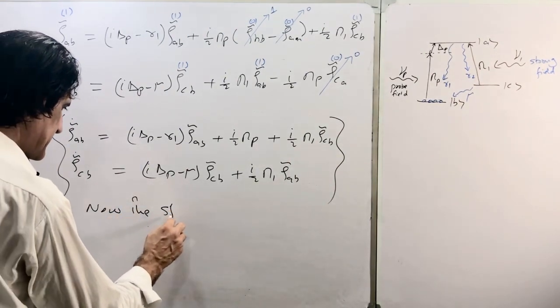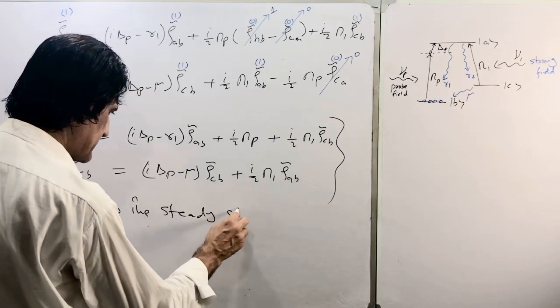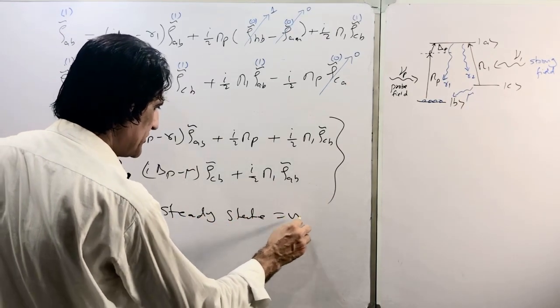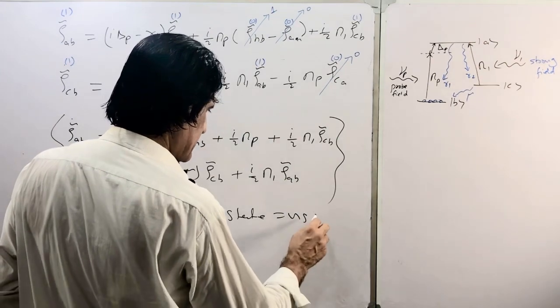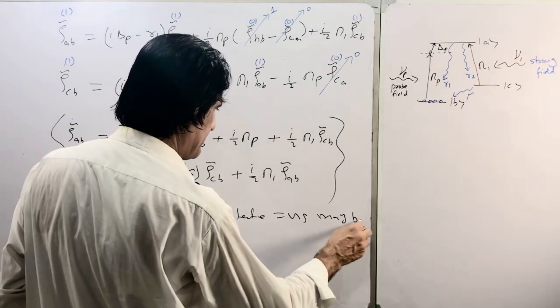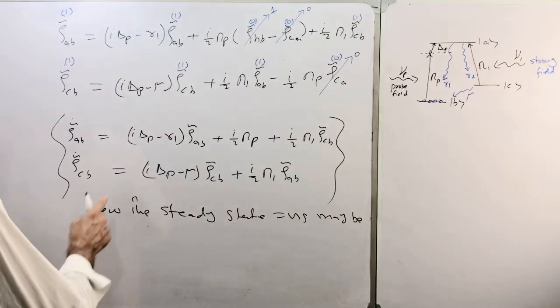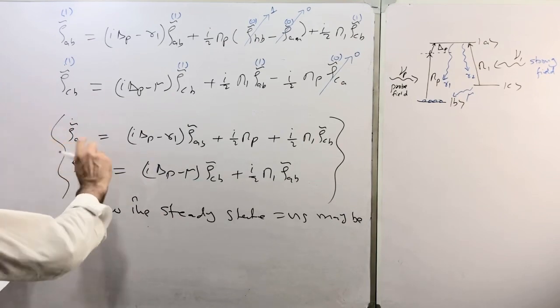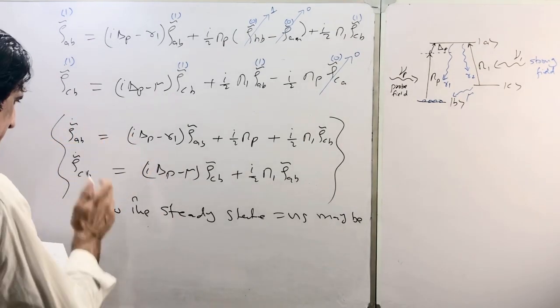The steady state equations may be: this is equal to 0, so this is equal to 0 and this is equal to 0.